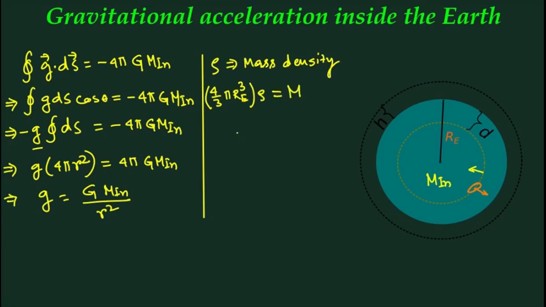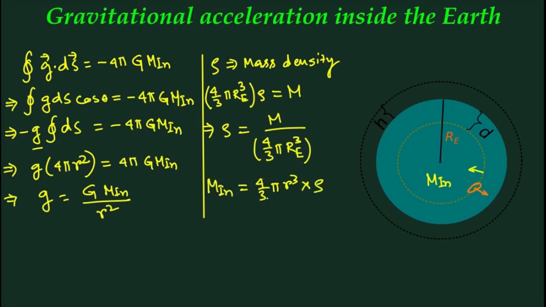So rho equals capital M by 4/3 pi RE cube. The mass inside will be volume times density. If we put the expression of rho, we will have capital M times r by RE whole cube.